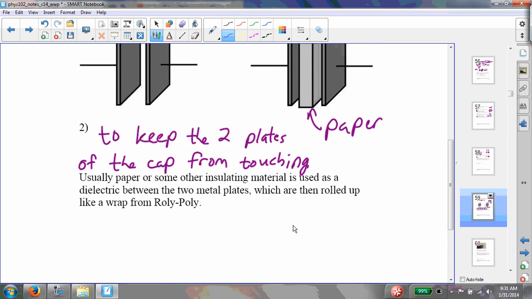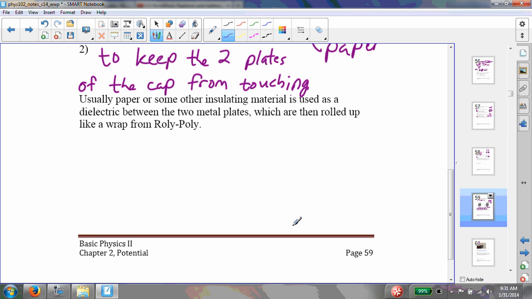I have a picture here, but generally you have these two plates. They're attached to some leads, and then you put this material in between them, right? And then you're going to take this and roll it up like a wrap.